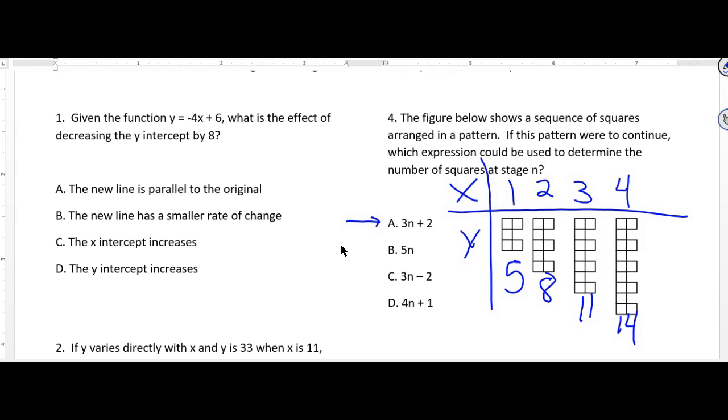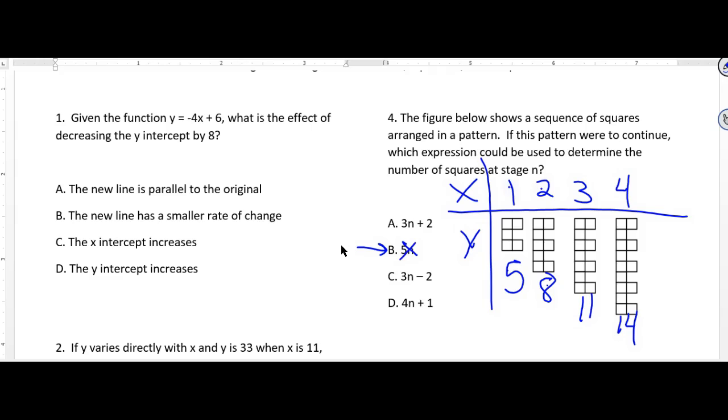The other way would be just to plug in the x and see what y values I get. For example, B says that 5 times n gives you the number of squares. Well, 5 times 1 does give me 5, but 5 times 2 does not give me 8, so I know that's not right.